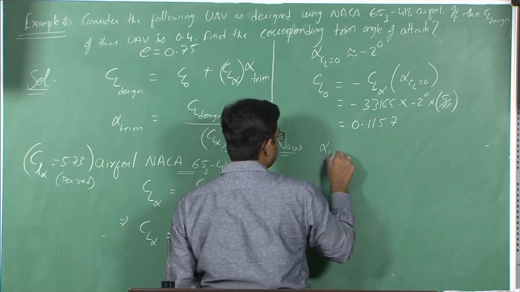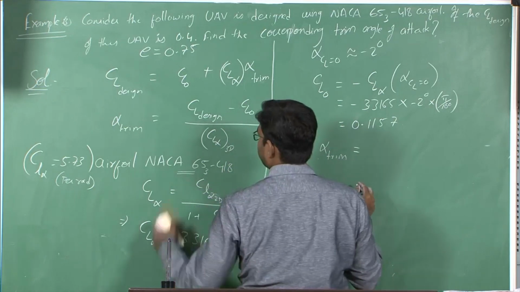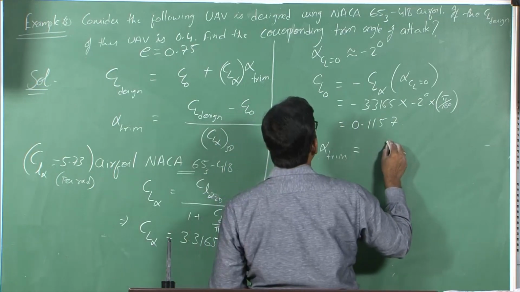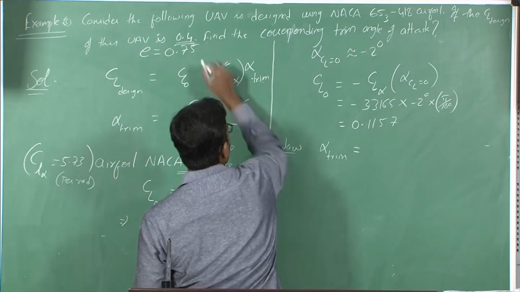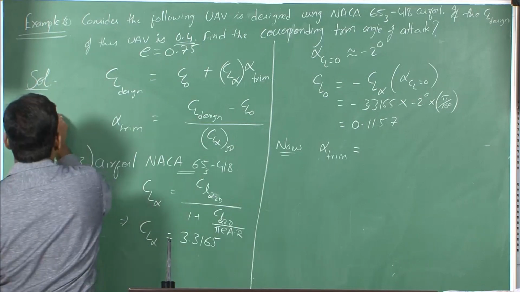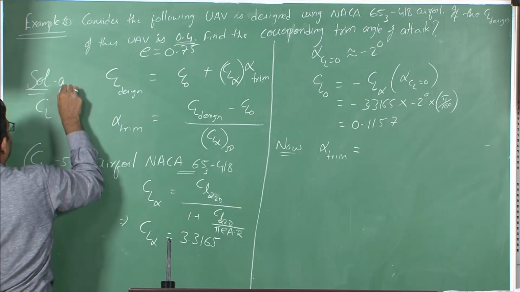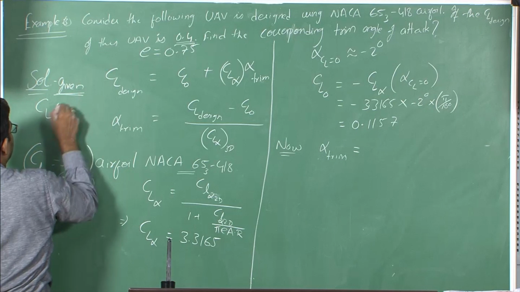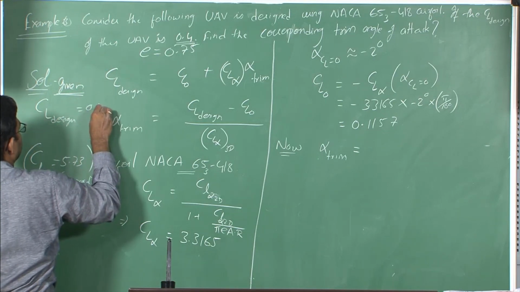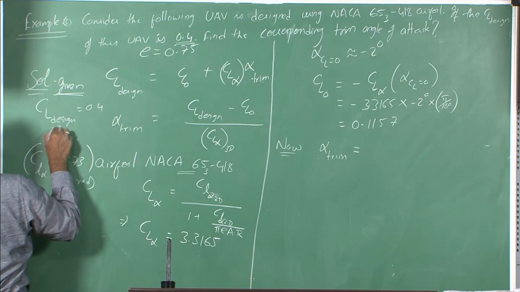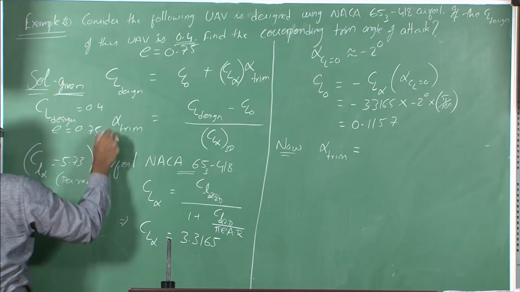Now, alpha trim can be estimated from this equation. CL design given is 0.4, and e is 0.75 here.